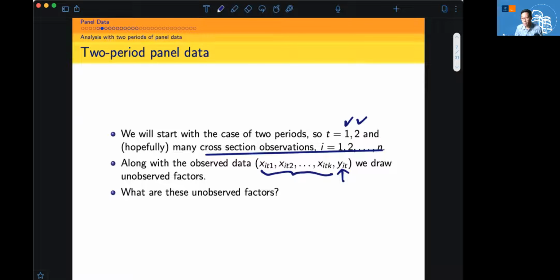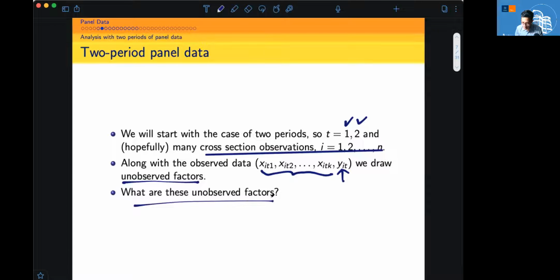However, in addition to the observed data, we're also going to draw unobserved vectors. What are those vectors? Well, these are unobserved, so we don't really know what these factors or characteristics are. However, we can try to imagine, or discuss, the unobserved factors based on the context of the estimation.